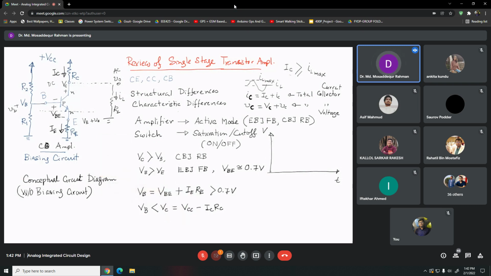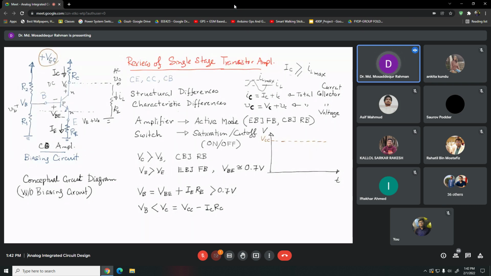Let's say this is our total supply voltage, VCC.